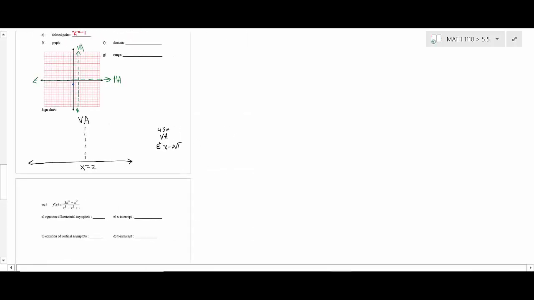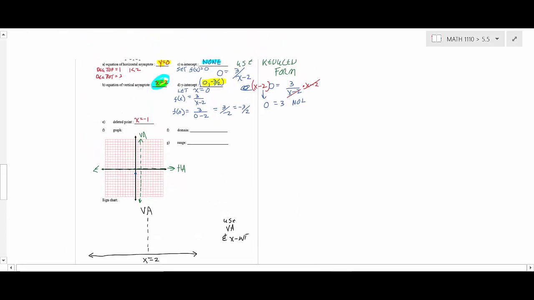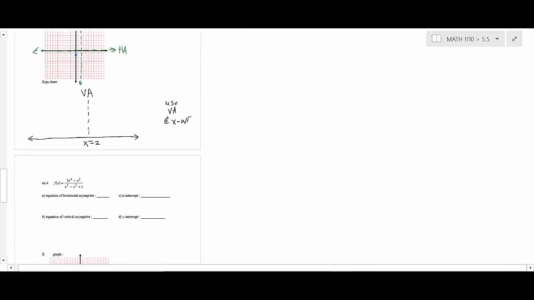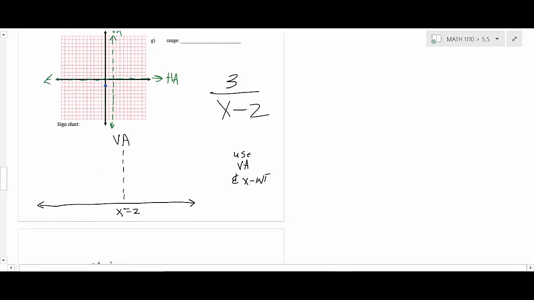Now what you can do on this, again, is use the reduced form. It doesn't matter on this sign chart if you use the original function or the reduced form. The reduced form is less work, so let's write down 3 over x minus 2 and do some test points, because it'll work either way.